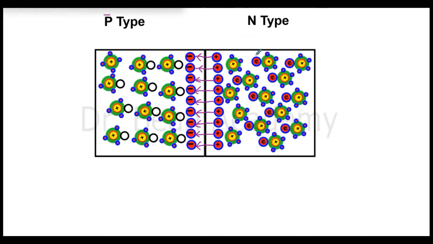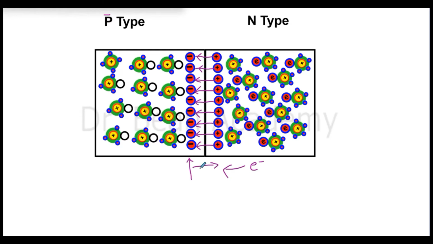Here I have a clearer picture of the situation. An electric field has been set up between the distribution of charges across the junction, and this electric field will get stronger and stronger as the diffusion goes on. But at the same time, this electric field will slow down the diffusion, because now there are negative charges here, and these negative charges will not allow further electrons from the n-type to go to the p-type.